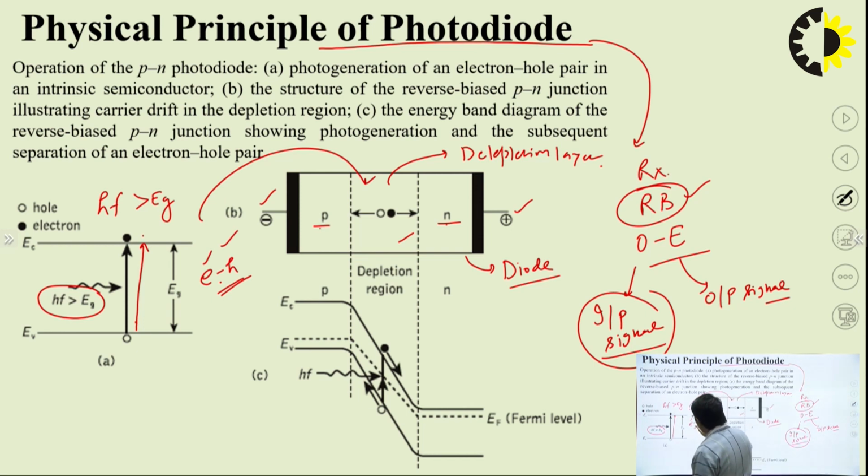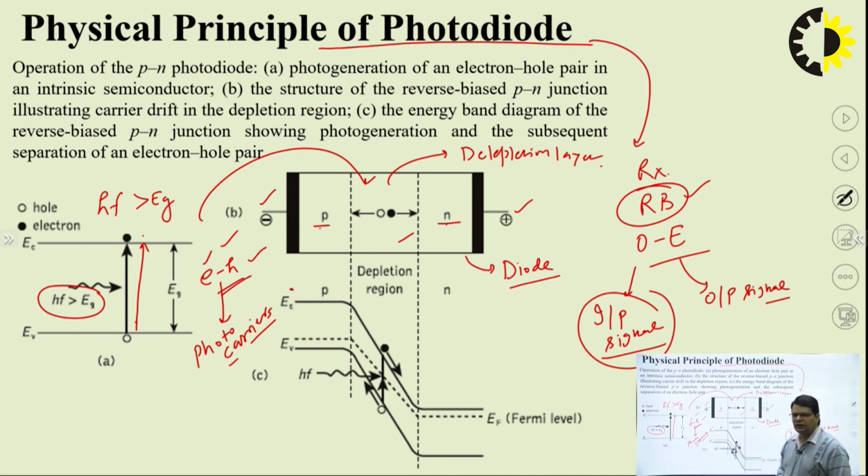These electron hole pairs generated with the help of optical power are known as photocarriers.